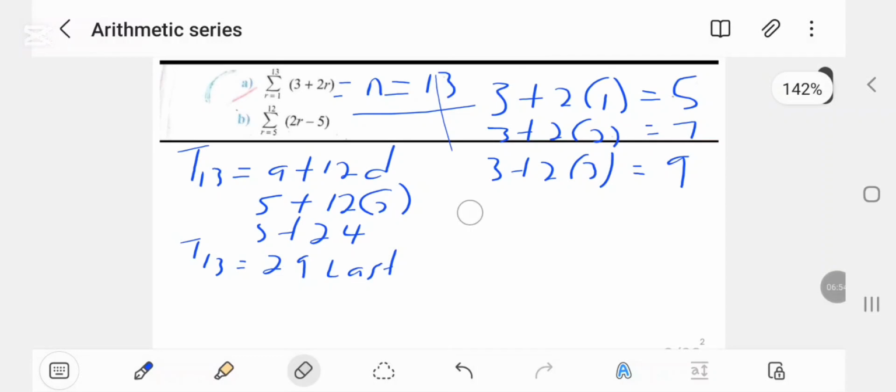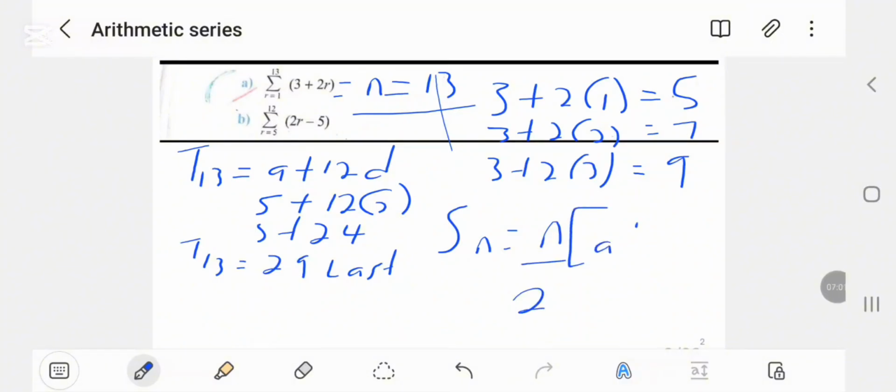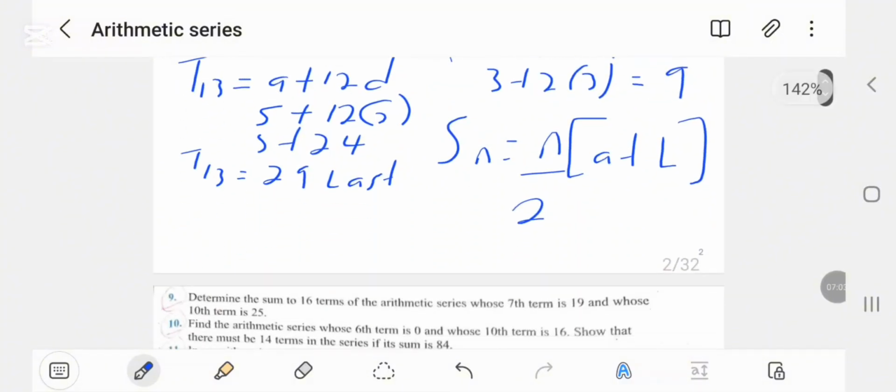Okay, so now let's use this formula Sn equals n over 2 times a plus the last term.